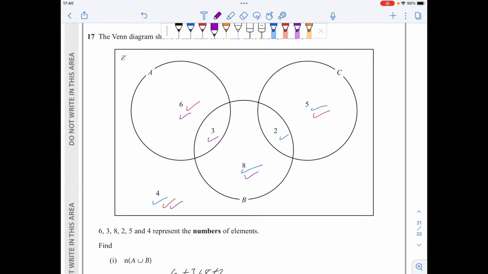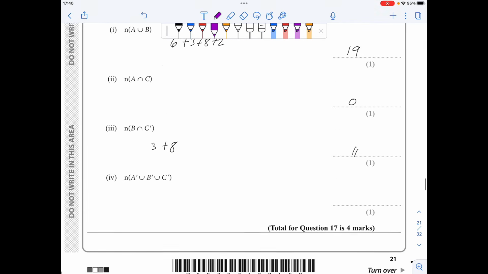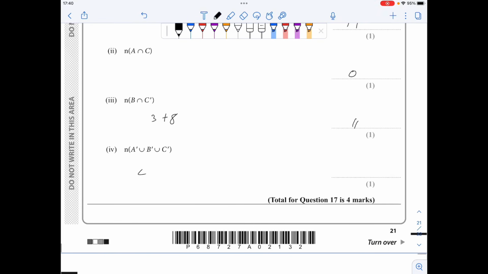And because I have union, that means I need all the regions with at least one color. As you can see, all regions have at least one color, which means that I have everything: 4 plus 6 plus 3 plus 8 plus 2 plus 5, which is equal to 28.